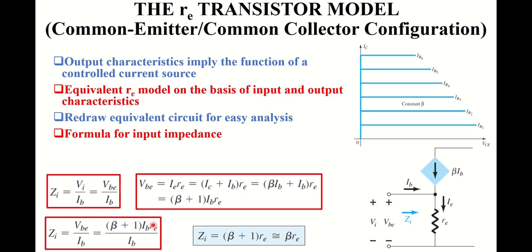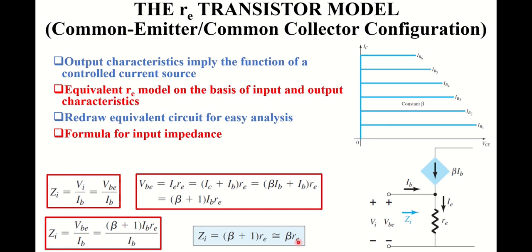These steps are quite clear: first of all we have cancelled the base current IB and replaced beta plus 1 with beta. I'm talking about these two currents IB in the numerator and denominator. Simply cancel them both and replace beta plus 1 with beta because the value of beta is quite higher than 1. If you do both these things, then you get the final formula for input impedance as beta RE.